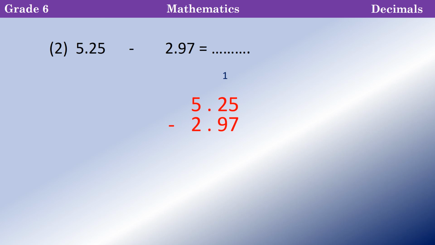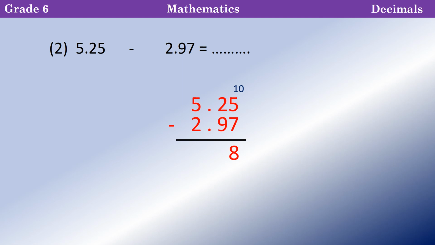Therefore, we need to borrow 1 from the first decimal place. When 1 comes to the second decimal place, it becomes 10. Then 10 when added with 5 is 15. 15 minus 7 is 8.